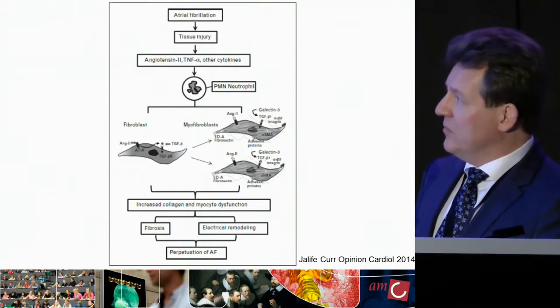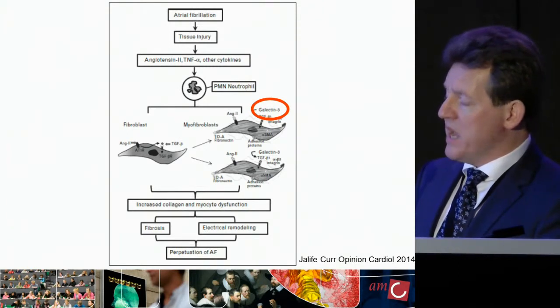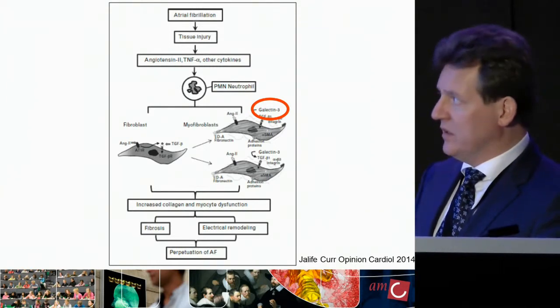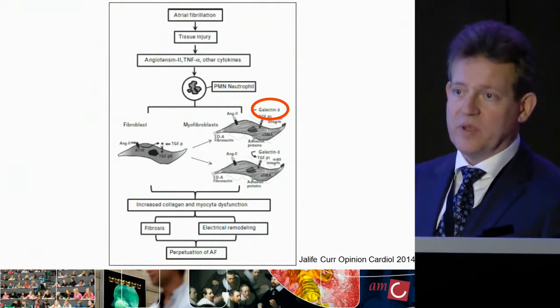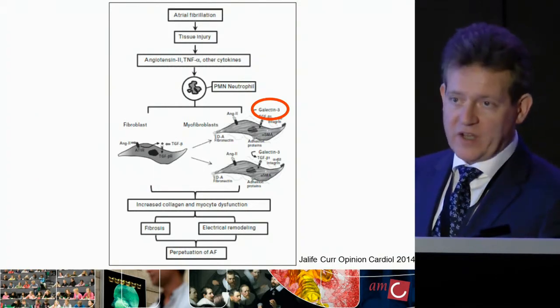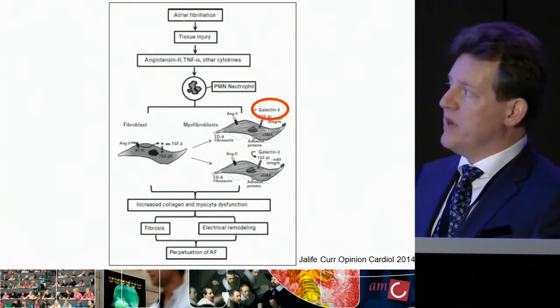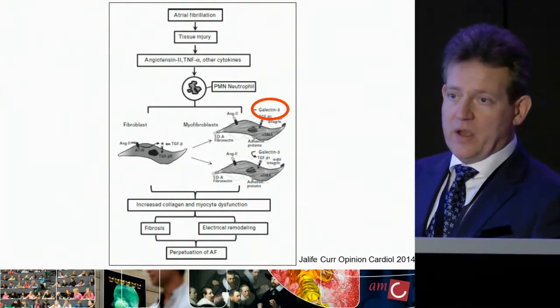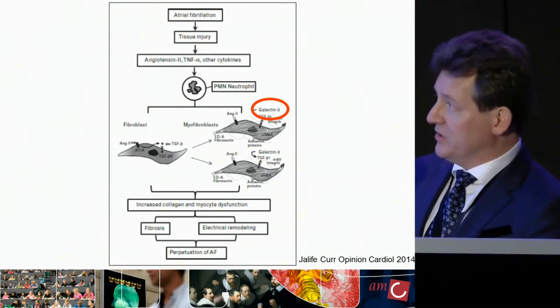And one of the points here is the role of galectin-3, which is a beta-galactoside lectin, and please don't ask me what that is, because that really goes too far for me, but it's a molecule that both attracts myofibroblasts and interacts with the TGF-beta-1 receptor, enhancing the production of extracellular matrix.